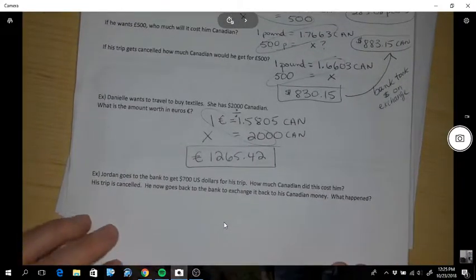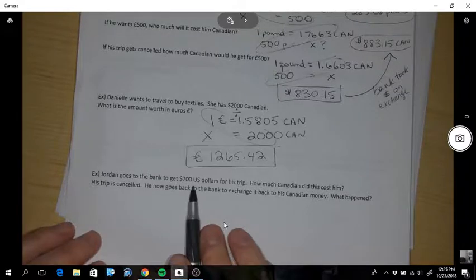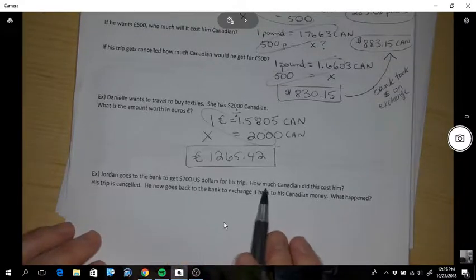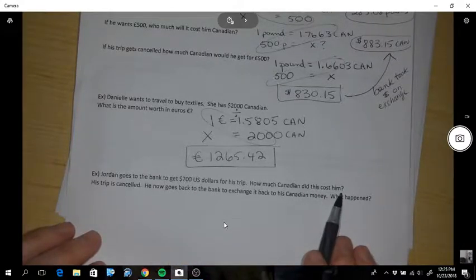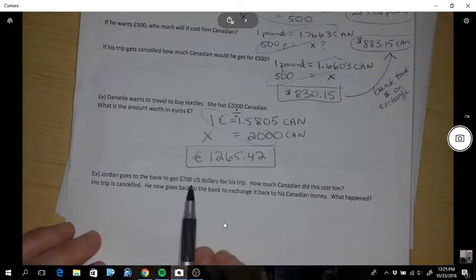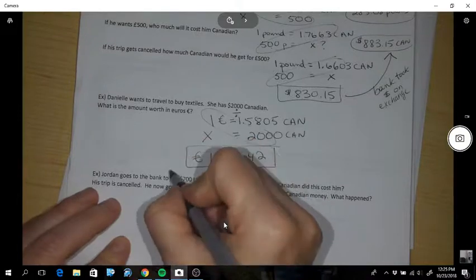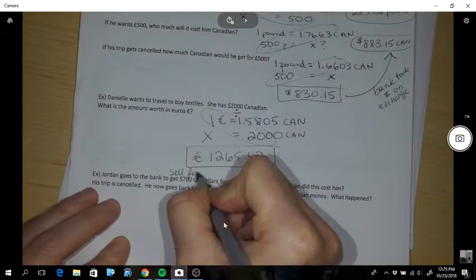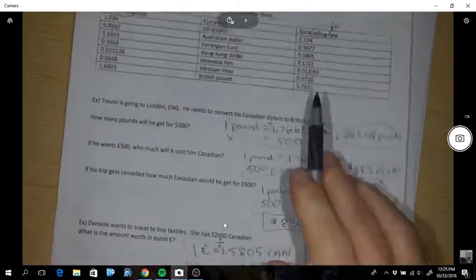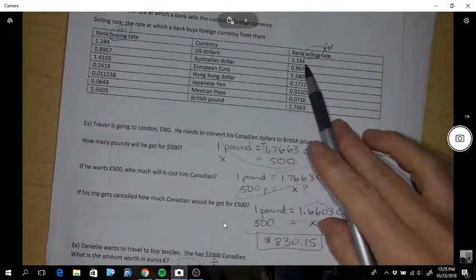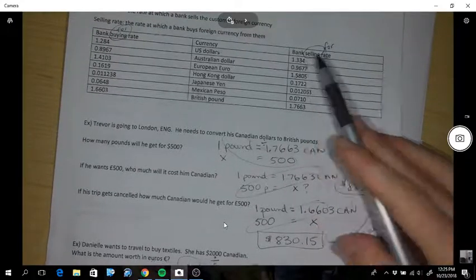Okay, Jordan goes to the bank to get 700 US for his trip. How much Canadian did this cost him? So now he's going to the bank to get US. So they're going to sell the foreign money. So selling US is this one, 1.334.